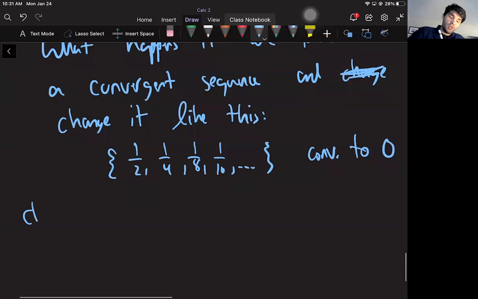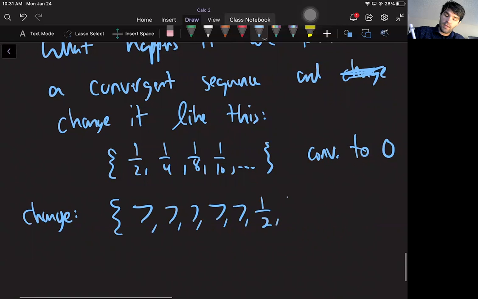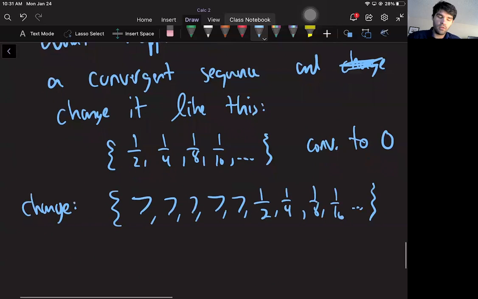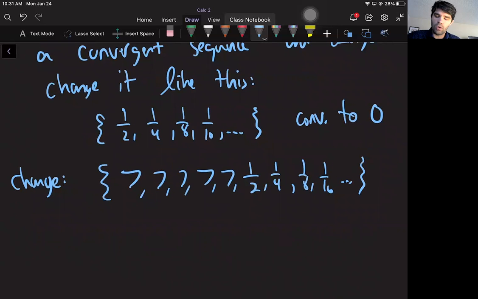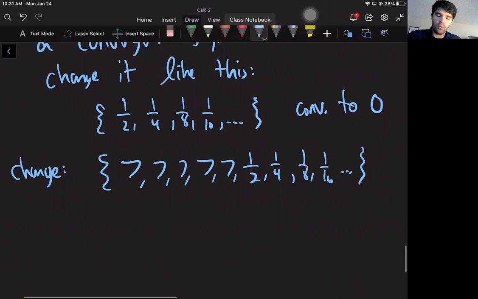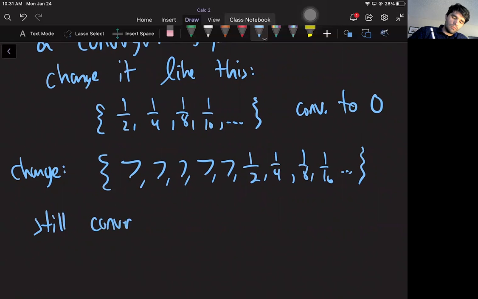But let's change it. Let's just put some numbers at the beginning. Let's put a bunch of 7s at the beginning. 7, 7, 7, 7, 7. And then it's the same. So does this guy converge still, or does it now diverge? Well, it still converges to the same thing.